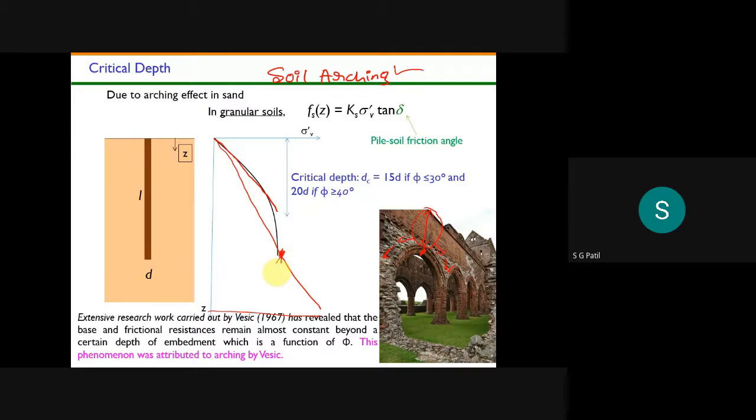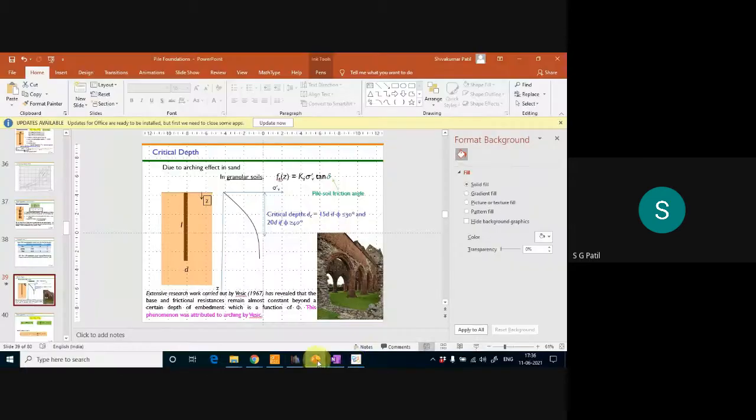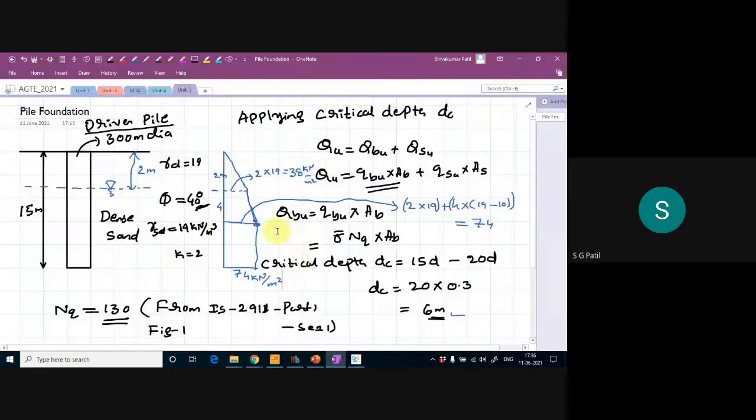If you take a linear variation, then what will happen? In this problem, it will simply increase the stress here. Instead of 74, I should have got 74 plus the remaining depth.